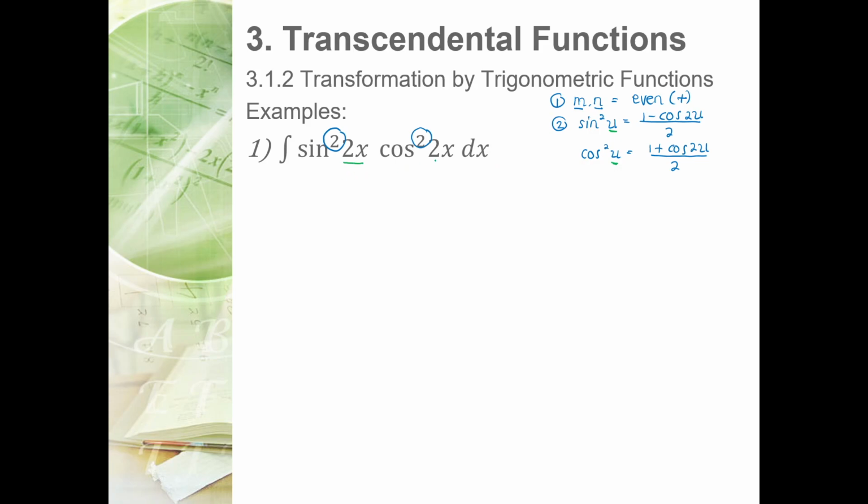Here our u is 2x. So u is equal to 2x. For us to get 2u, we need to multiply everything by 2, and then 2 times u is equal to 4x.